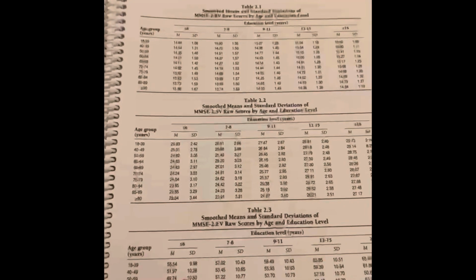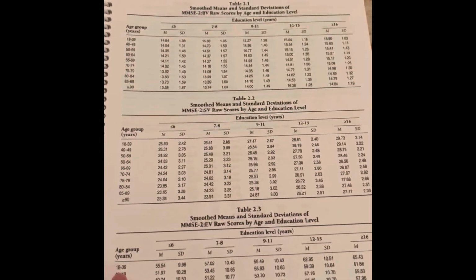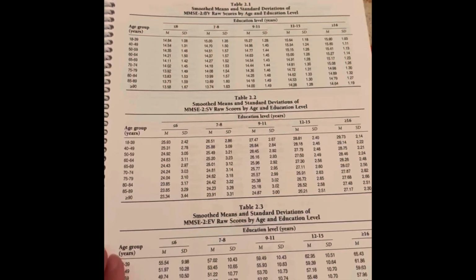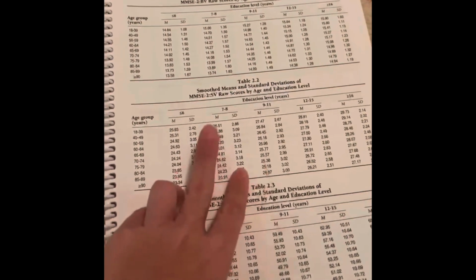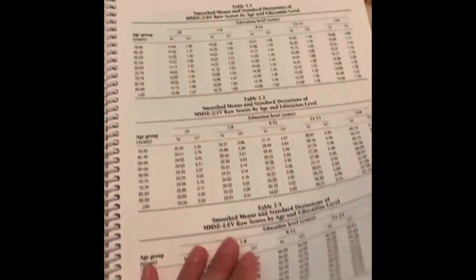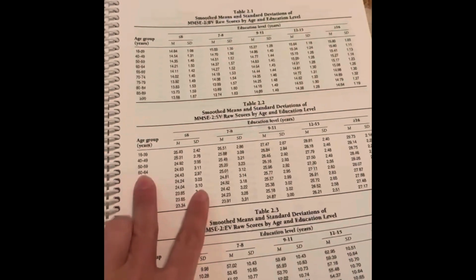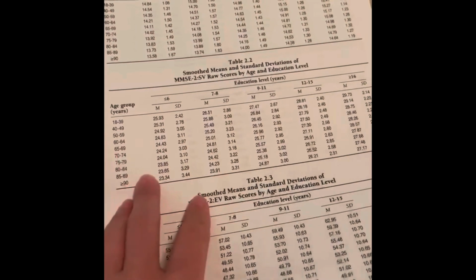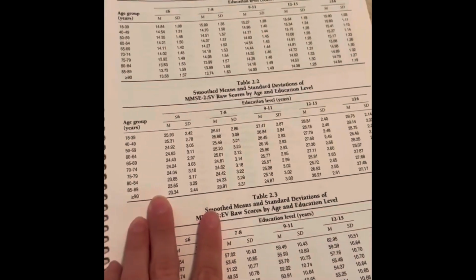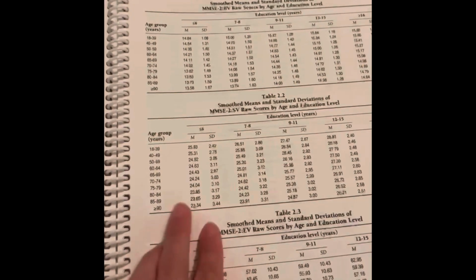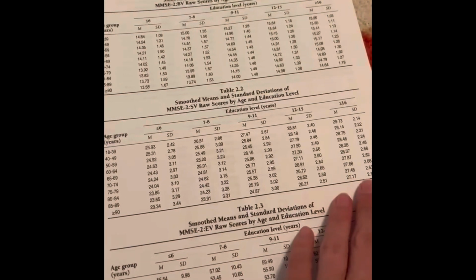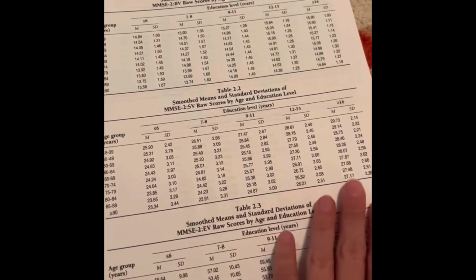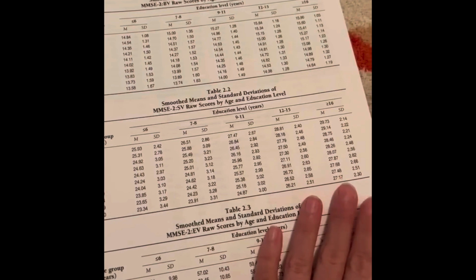So in the manual, you will go to the right version, so SV, so it'd be this group, and then you would find the correct age range, and she's 23, so she will fall under 18 to 39, and then you would go to her education level, which we documented was 16, so you'd go to 16, and then here's the mean and the standard deviation.